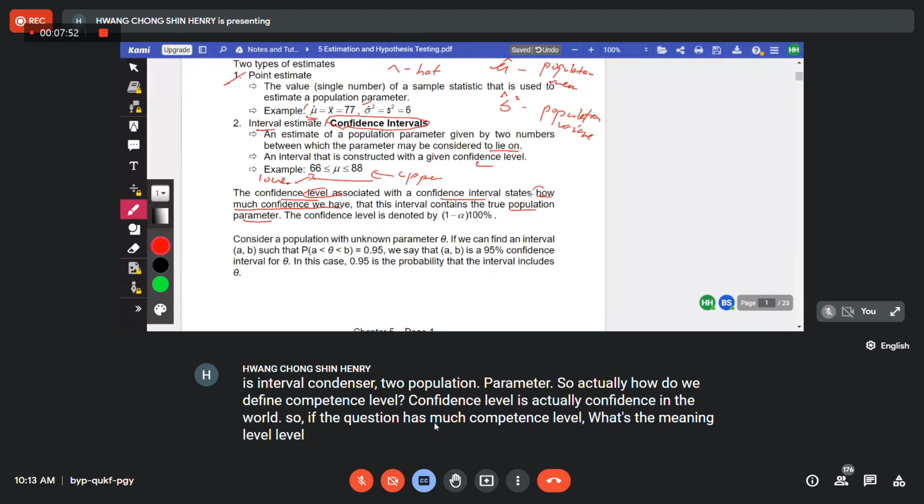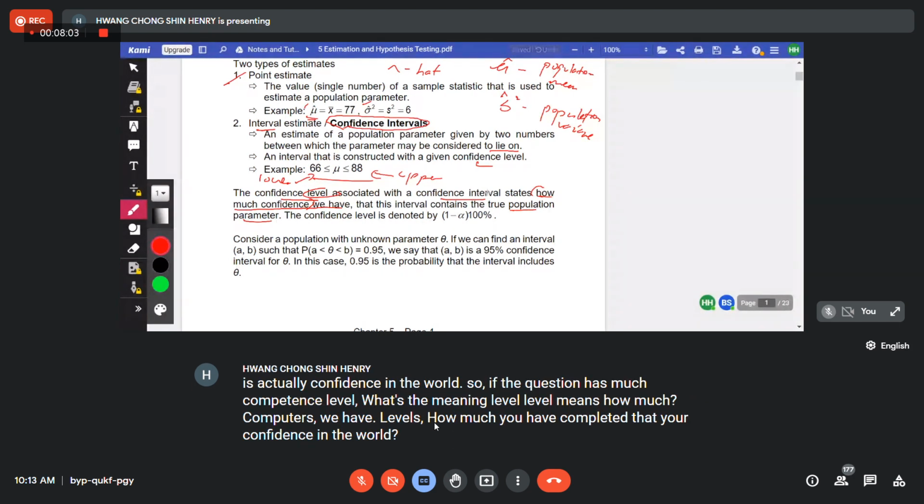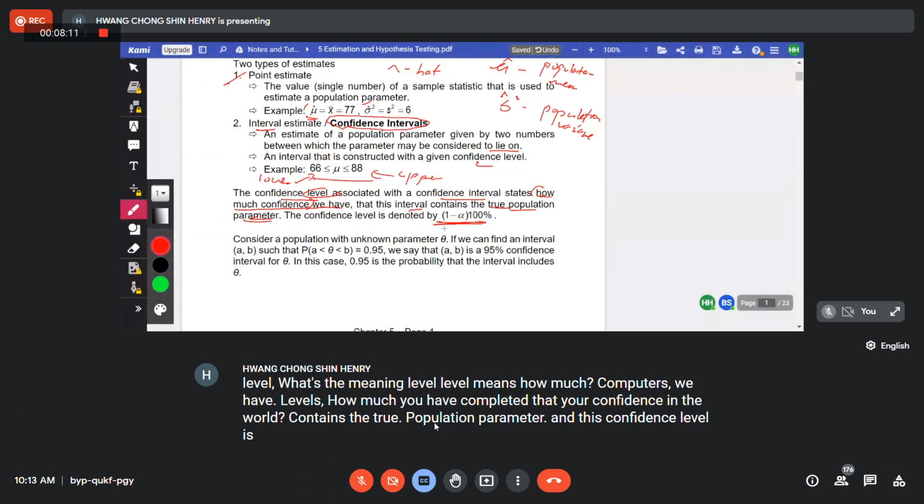Level means how much confidence we have. Level means how much confidence you have that your confidence interval contains the true population parameter. And this confidence level is represented by this.